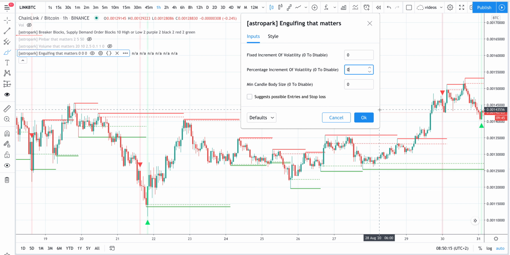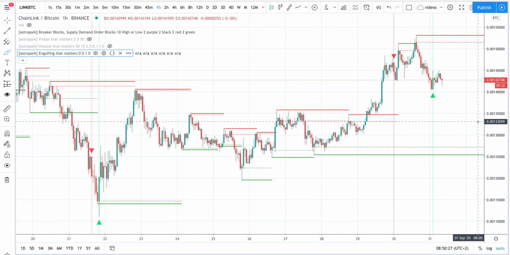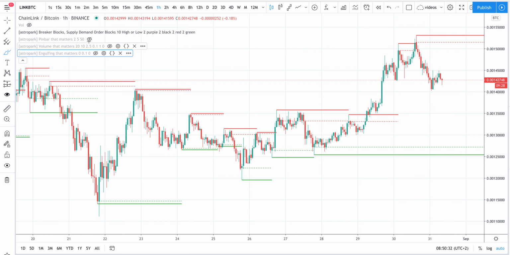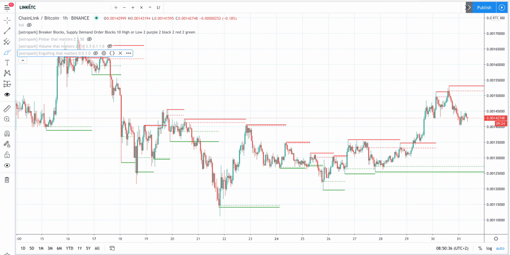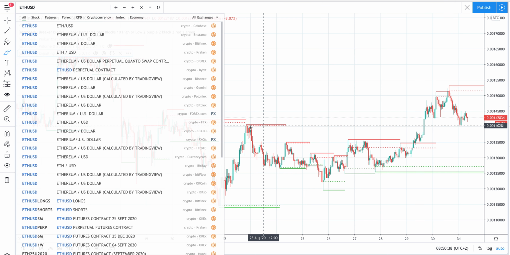This is 0. Of course, you can change what you prefer. These are pin bars, but this is not the chart which it applies best to.